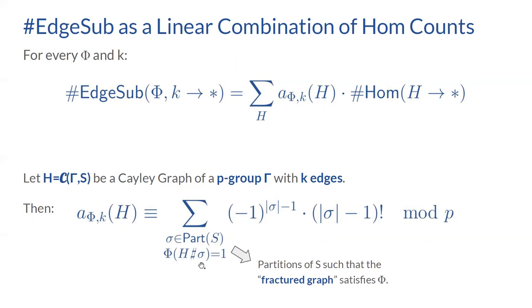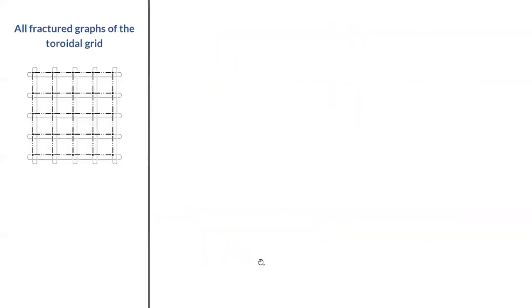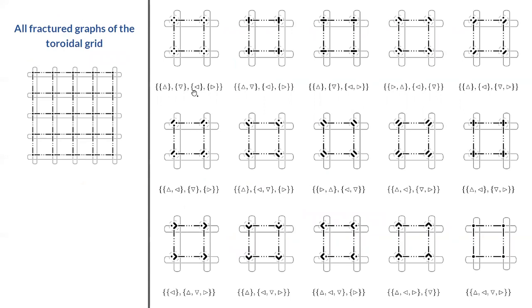Okay, now let's take a look at this side condition. I write here if phi of this thing here, which we call the fractured graph of H and sigma, is 1. I won't define the fractured graph formally, but I will just give you a picture, and I hope afterwards you get some idea what those fractured graphs are. So first, we take as example our toroidal grid, which has a generating set of size 4.